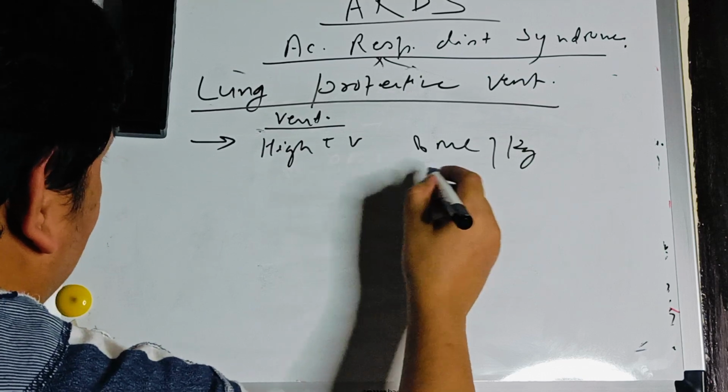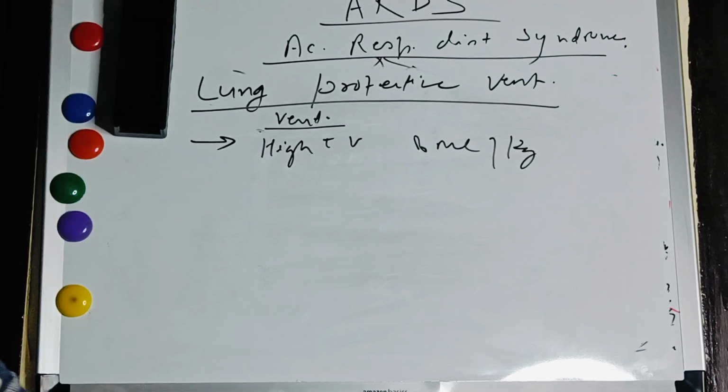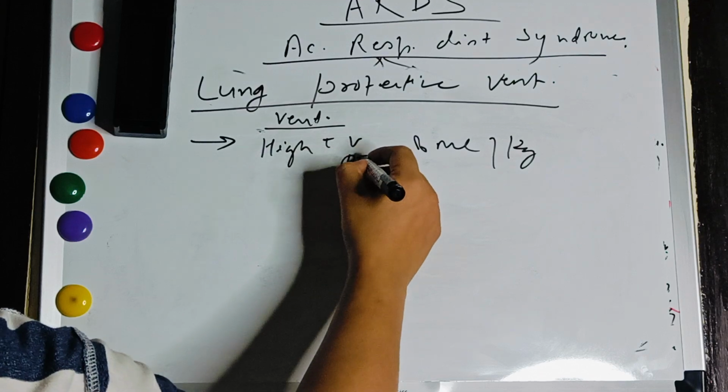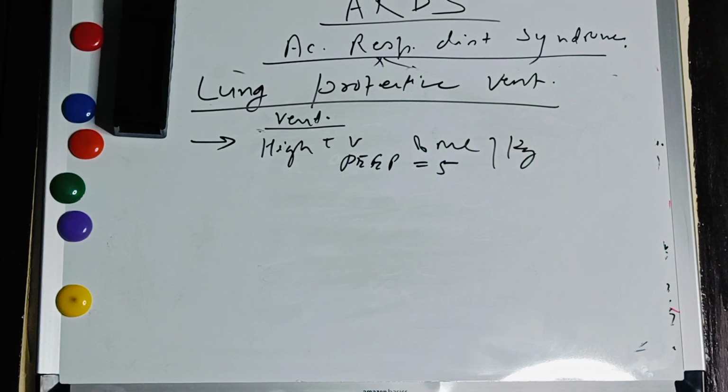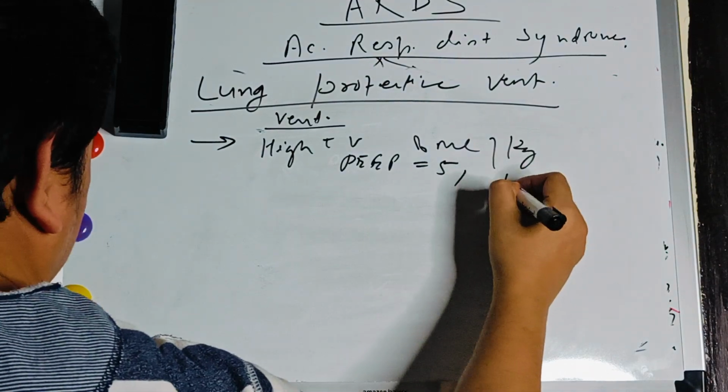You will keep the PEEP with the 8 ml per kg tidal volume, and the lowest FiO2.